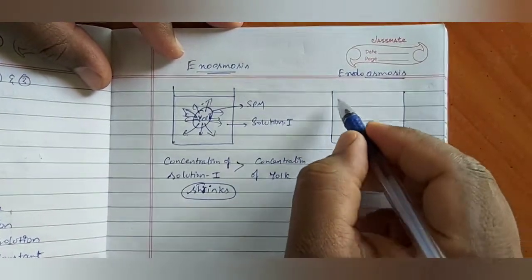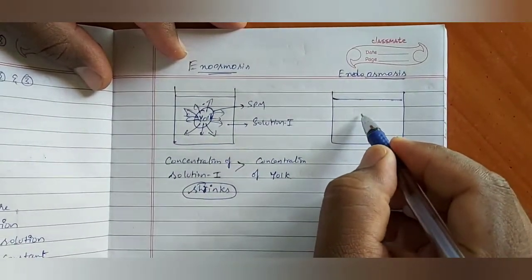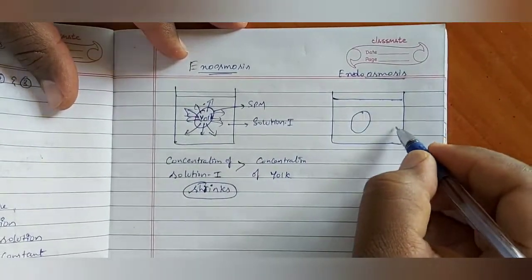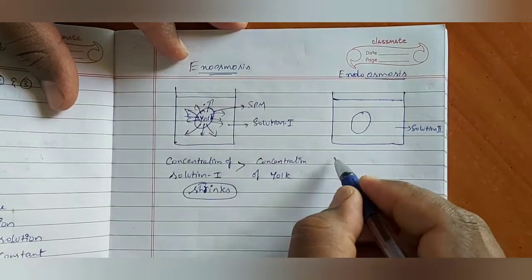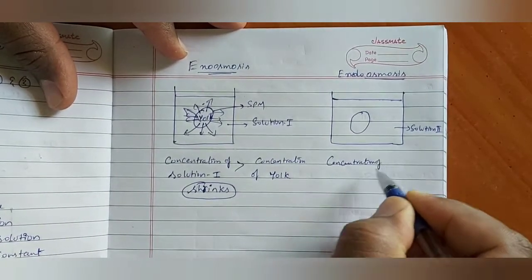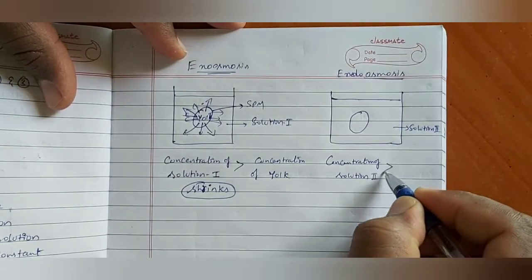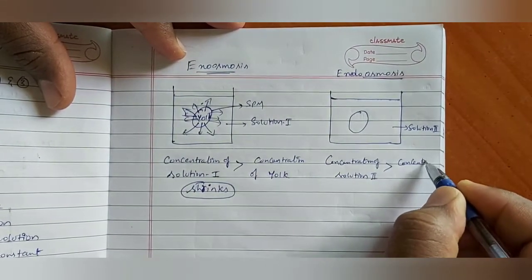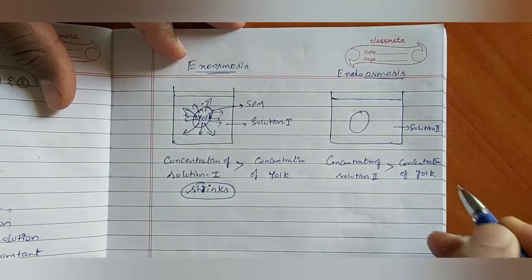Let us consider a solution, that is solution 2, in which concentration of solution 2 is less than concentration of egg yolk.